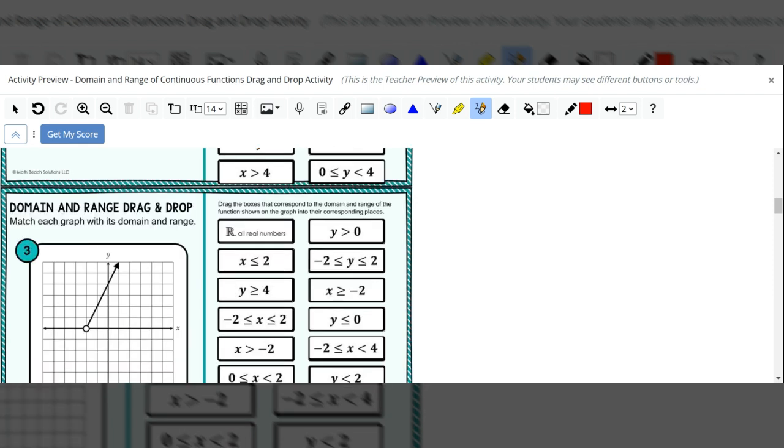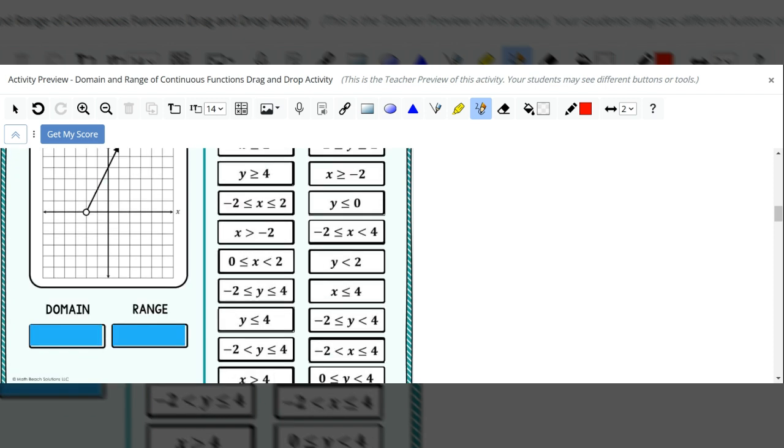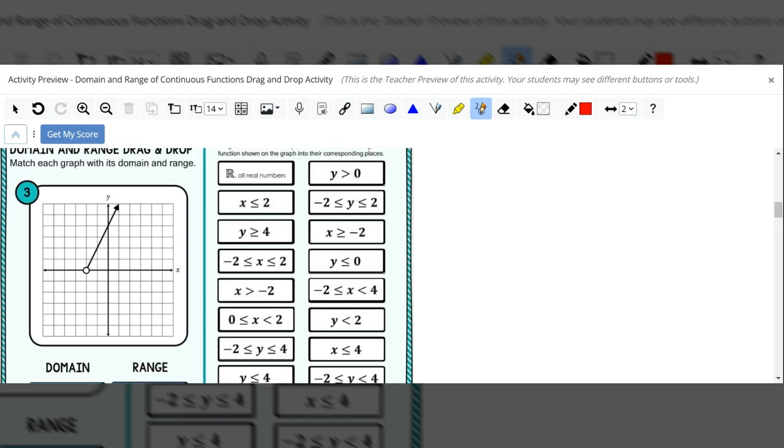Let's do question number 3. This one is similar. There's an endpoint, but there's a continuous part here. Now let's start with the extremes. Let me start with this point first. This is 1, 2, so it's going to be -2. So this is -2, comma 0.